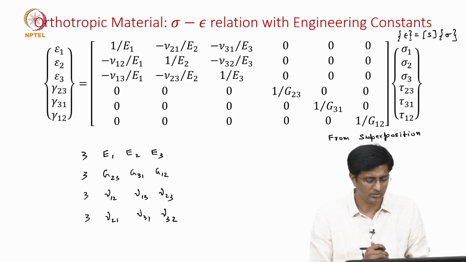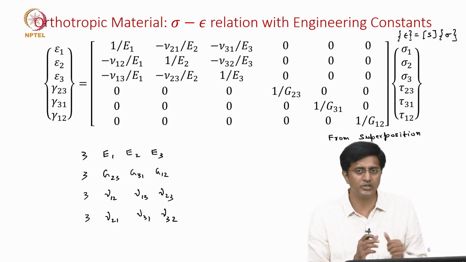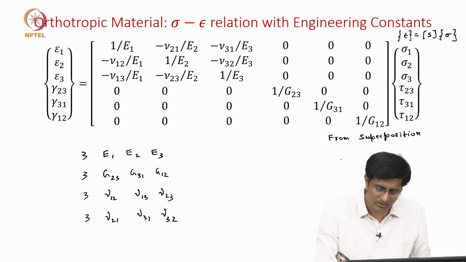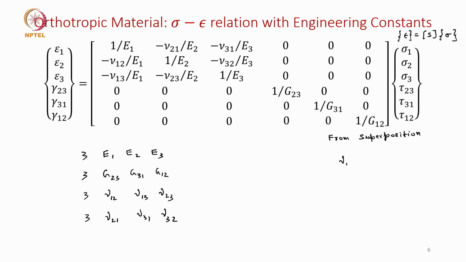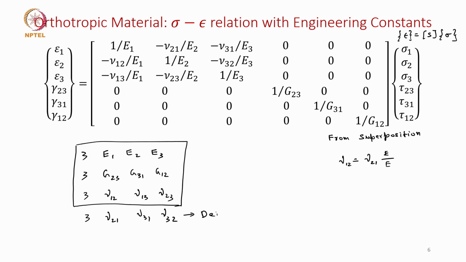The answer is no. The reason is that we have just shown in the previous slide that nu 12 can be written in terms of nu 21, it is just a ratio of the other components of elastic modulus. So, only these first 9 are independent and the rest are dependent.